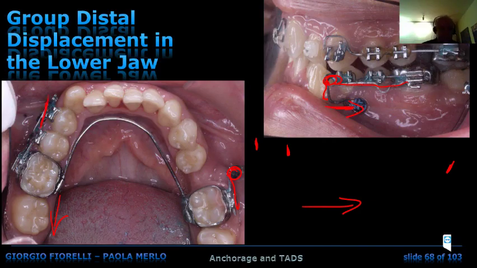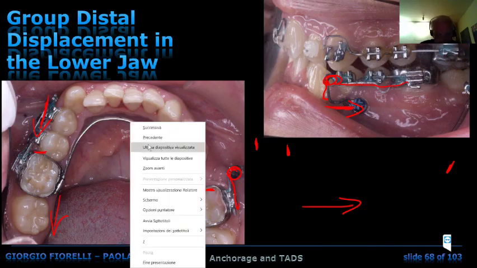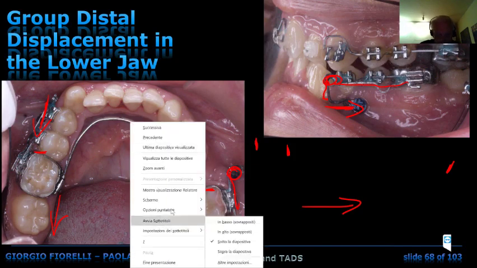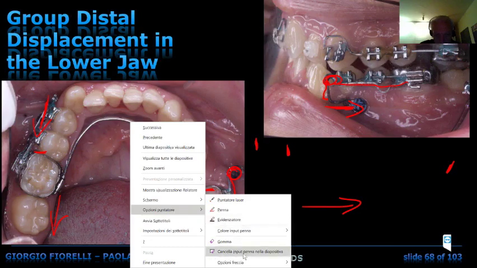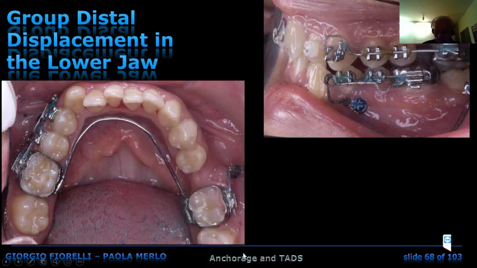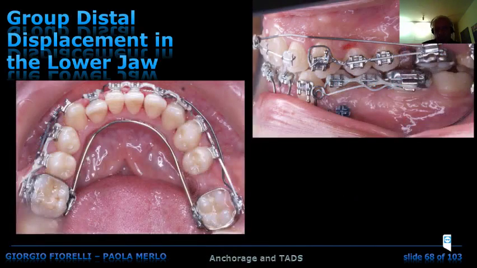So you can see it like this. I want you to see the difference between the 2 molars. And what happens?